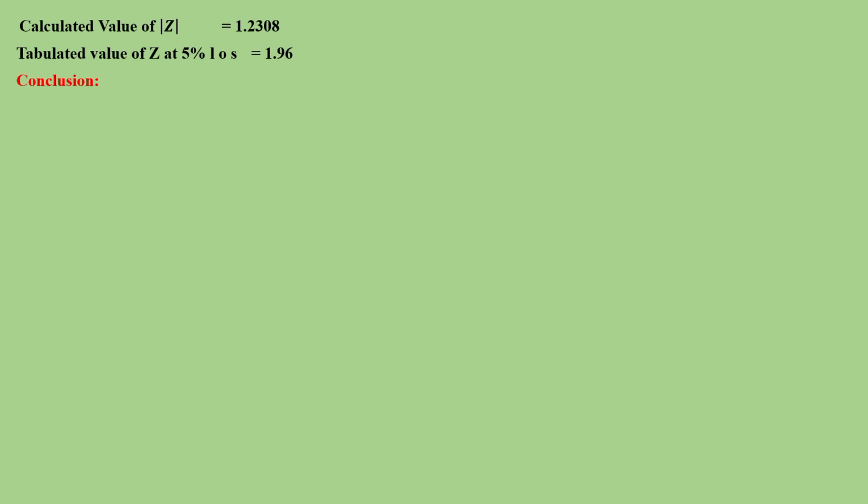So we are going to conclude by comparing the calculated value and the tabulated value. The calculated value 1.2308 is less than 1.96, so H0 is accepted. When the calculated value is less than the tabulated value, our assumption, the null hypothesis, is correct.